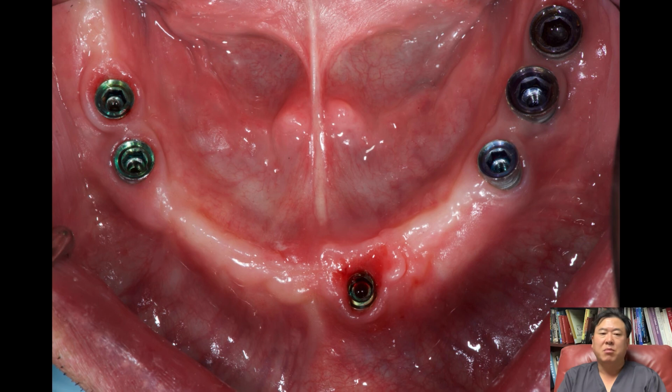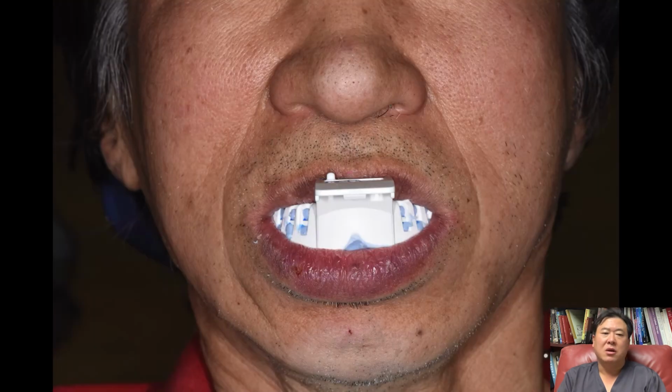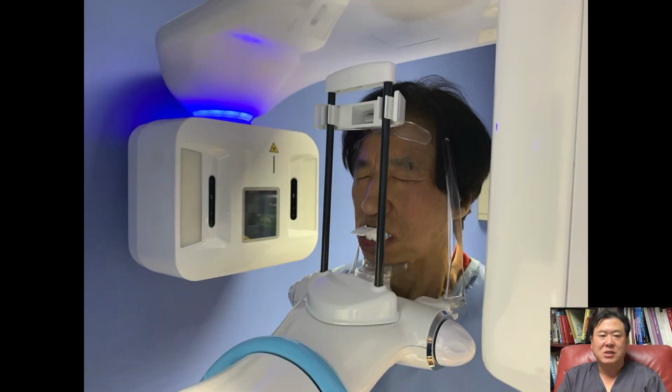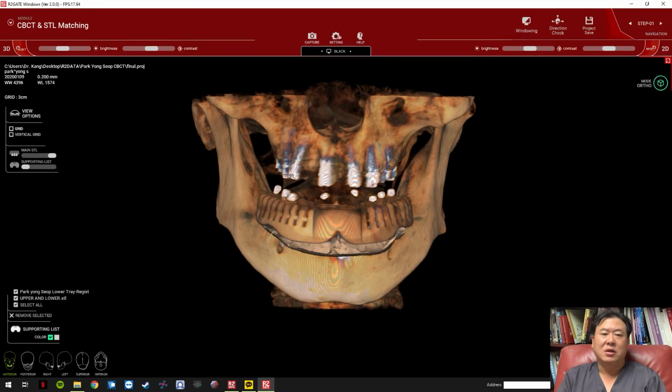The existing implants and the healing abutments were utilized here. First, impression was made using radio-opaque impression tray. With this impression tray in the mouth, CBCT was taken. Model scan data were extracted and matched and positioned into CT scan with pinpoint accuracy.